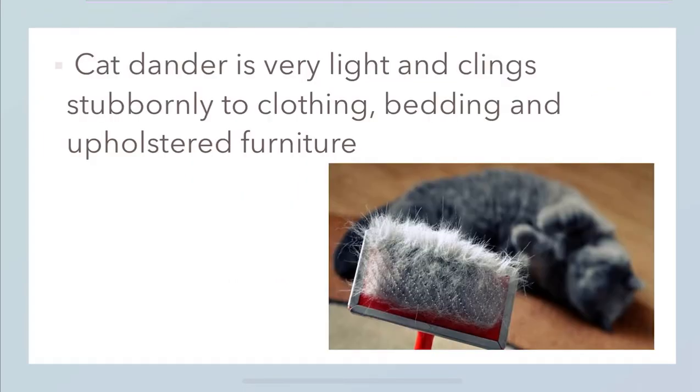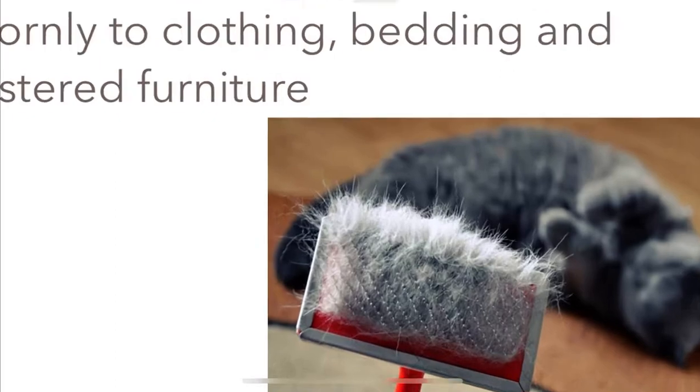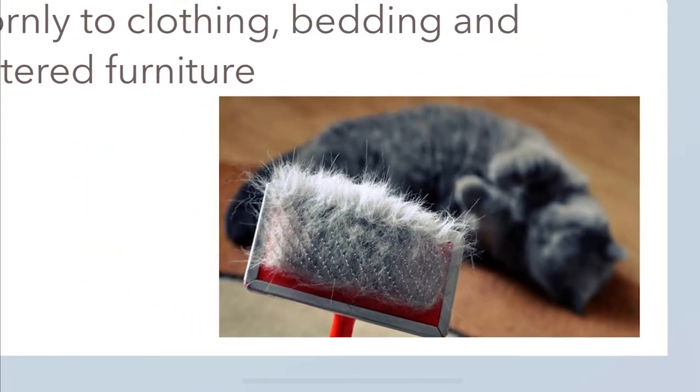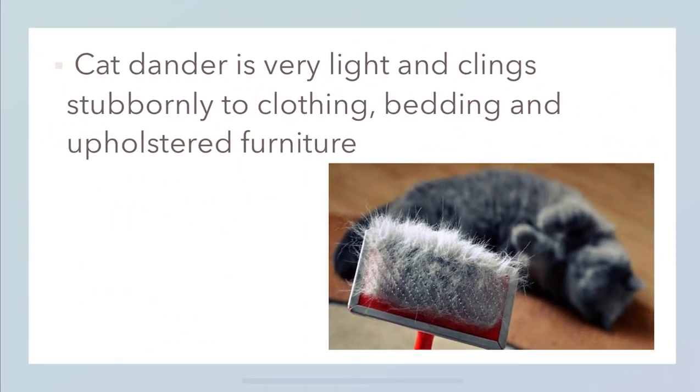The cat dander is very light and it clings stubbornly to clothing, bedding and upholstered furniture. So guys, you can see in the picture the cat dander. It is very necessary to keep your cats hygienic and comb them very often. If you have pets, it is better to keep them away.